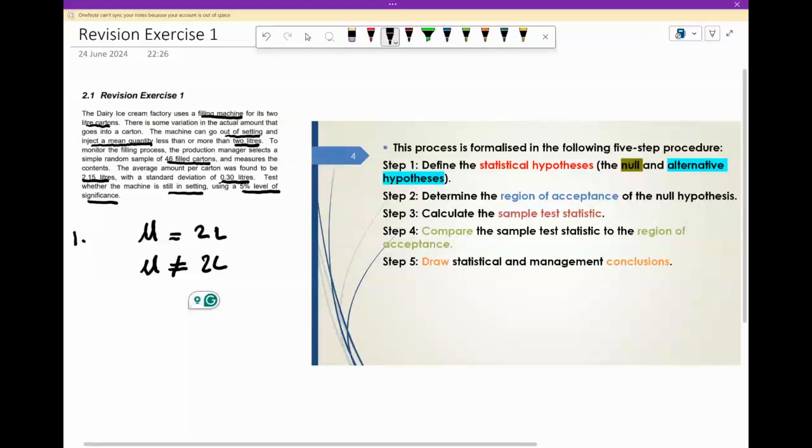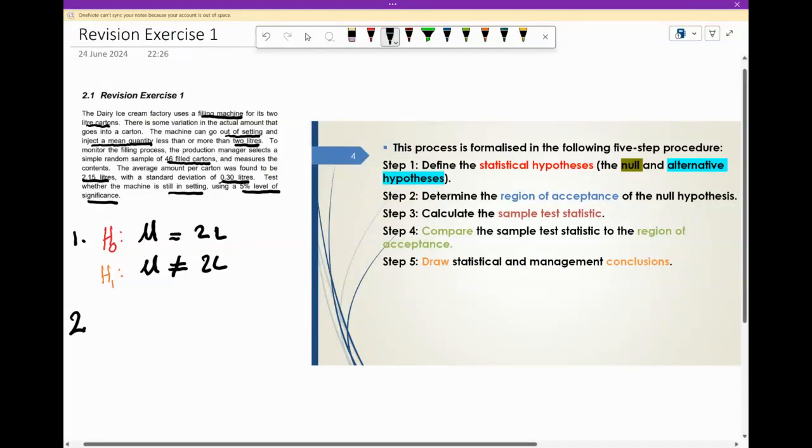So H0 is that one, and then H1, let me do that in orange, is obviously the other one. So step number 1 is dealt with.